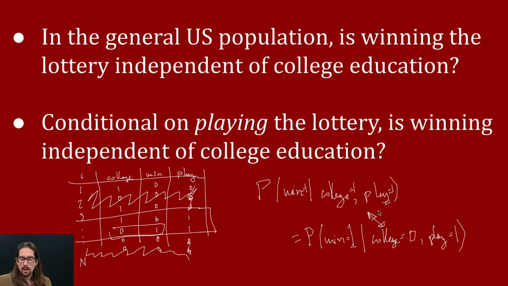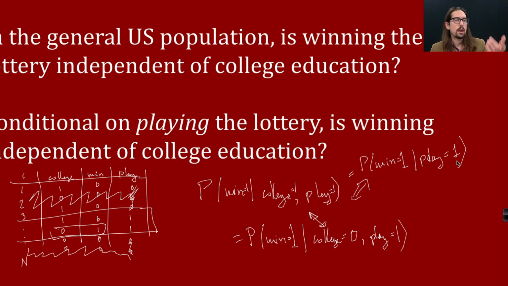Okay, and indeed this implies, by using the rules of conditional and joint probability, you can calculate and show that these two will be equal to just the marginal probability of winning given play. So if those two things are equal, then they also equal the probability of winning just in this subpopulation of people who play, right?